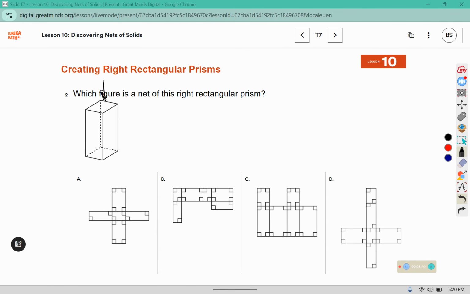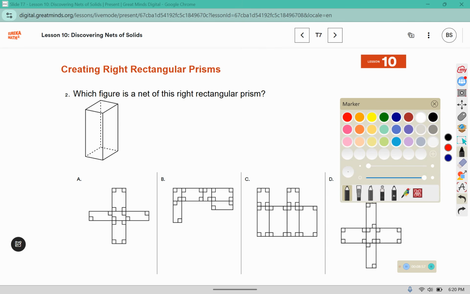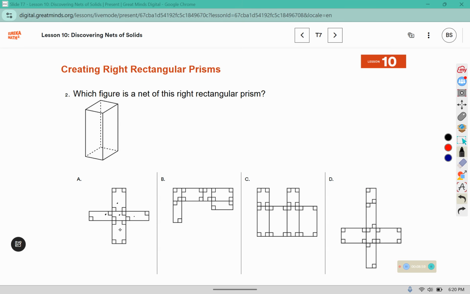We have a top and a bottom, which makes 2 faces. So 2 small rectangles. And then we have a back and a front and a left and a right side for 6 total faces. A has 1, 2, 3, 4, 5. So that is not a net of this figure.